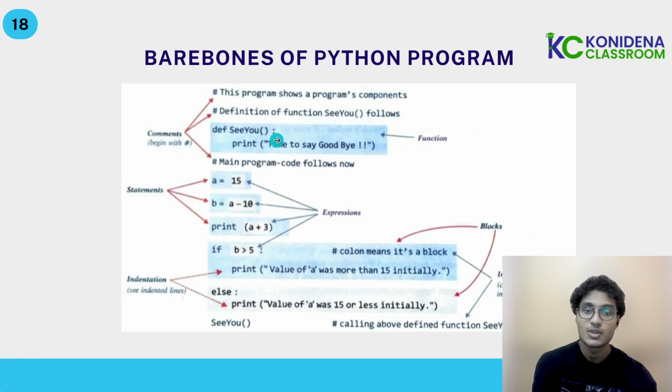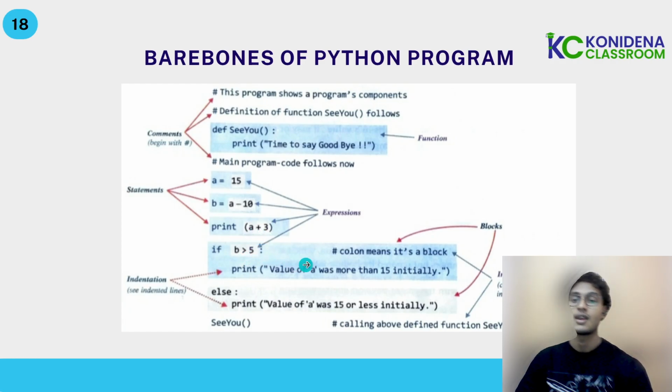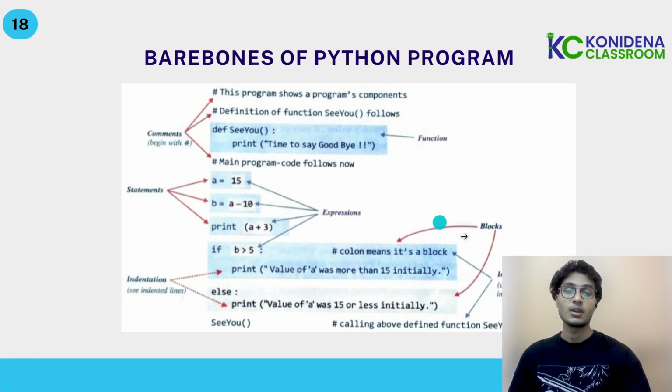There is a colon, which is a punctuator. There is a equals 15. These are all expressions. So equal to is an operator symbol. And then you see brackets, plus, greater than, all these things are operators. And then you see, these are all syntax.